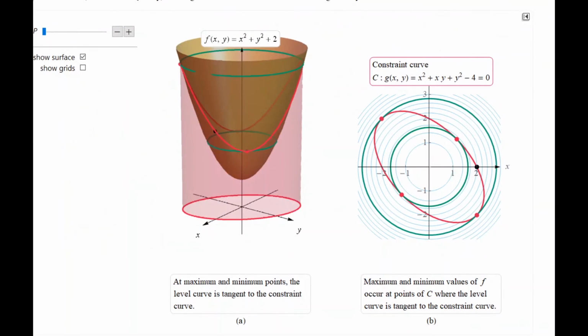And here is the function that we just considered. You could see the red on the right hand side there. That red curve is the constraint curve. Okay. And the green lines that you see there are the level curves. And you could see that as you vary the point, you move along.